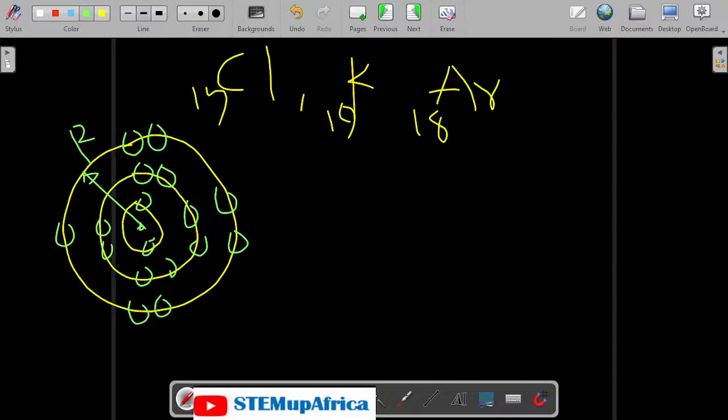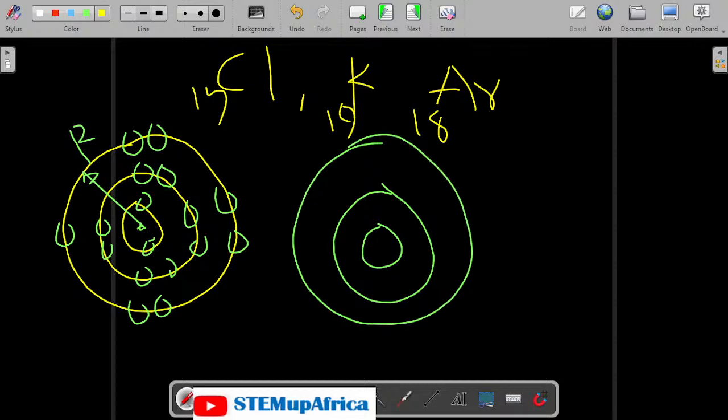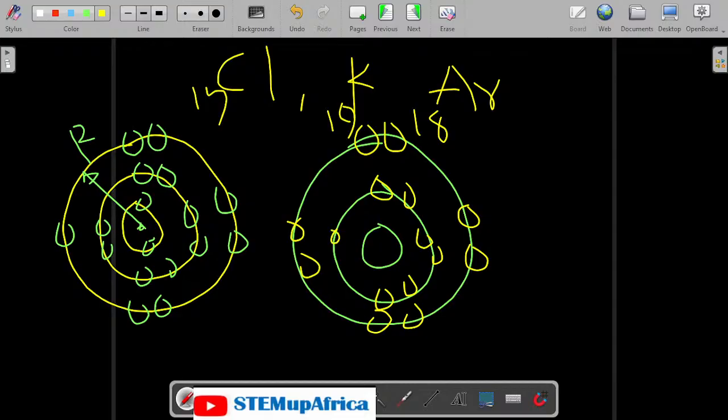Now argon, we also have 3 shells: 2, 8, and 8, the maximum number of electrons of 8 in the outer shell.